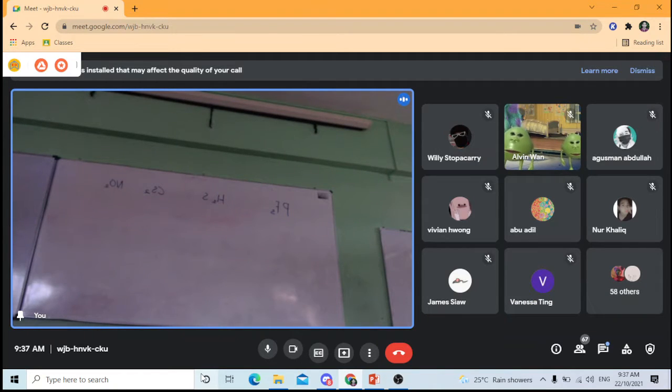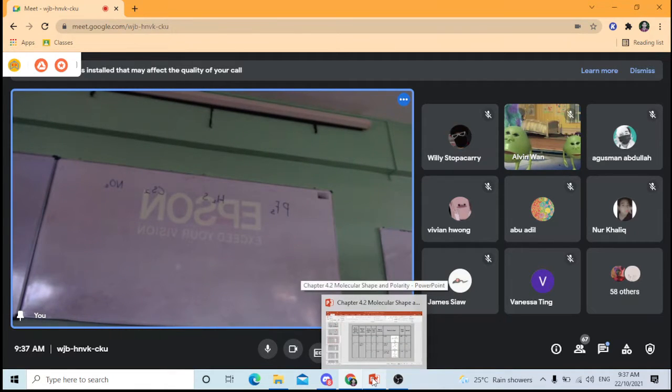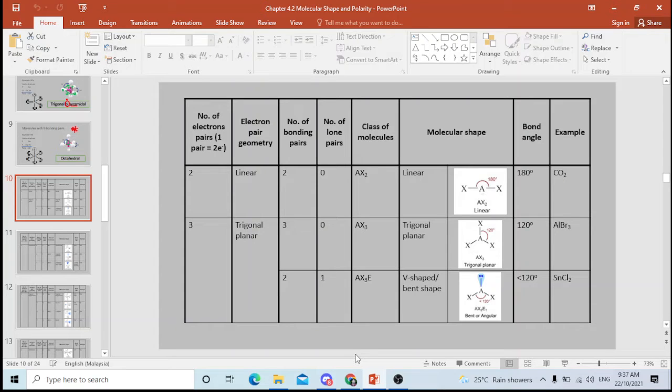So we will look at the geometric shape and its bond angle. The bond angle, by hook or by crook, you have to remember, and also the name, right? The name and the bond angle are in my slide. You have to remember.